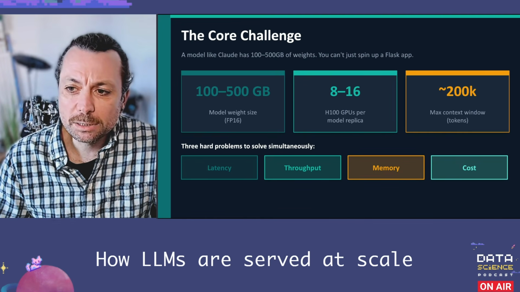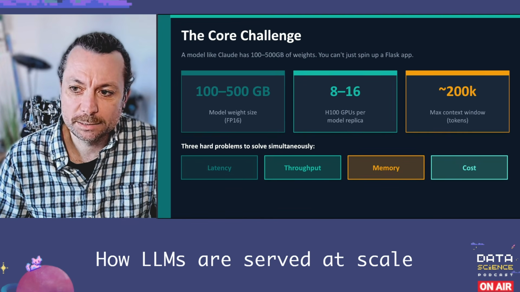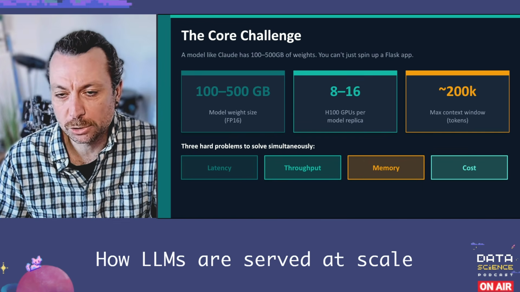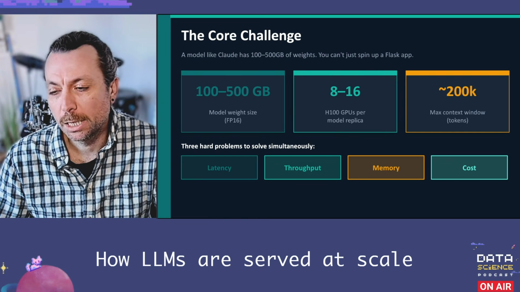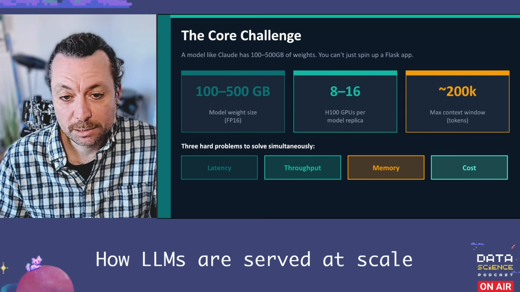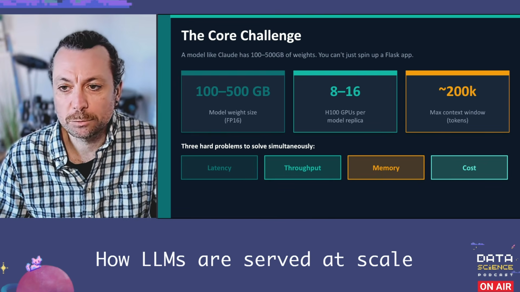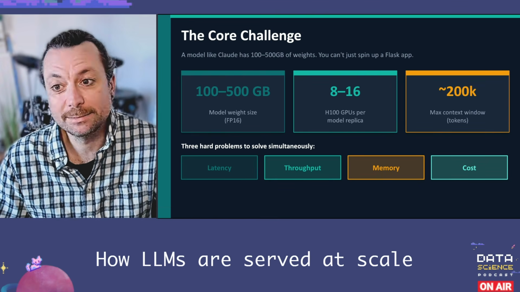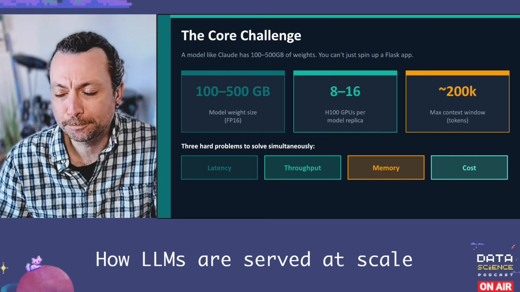Now, there are three essential problems that need to be solved whenever you deal with serving a large language model in production. Definitely latency is one of them. So essentially it's the delay that the user has to wait until the first generated token.